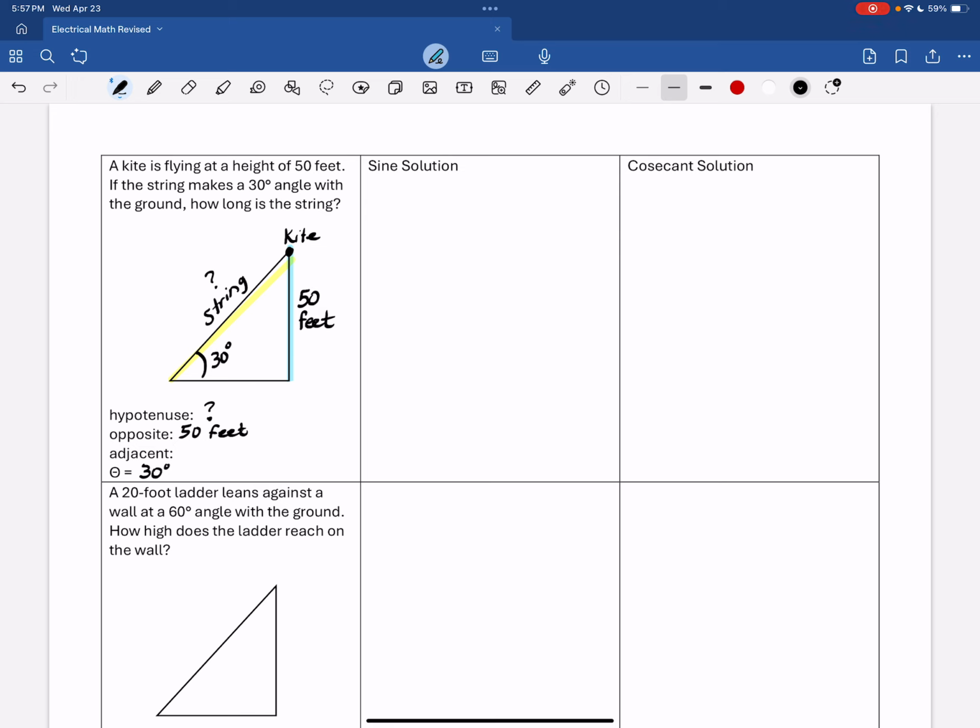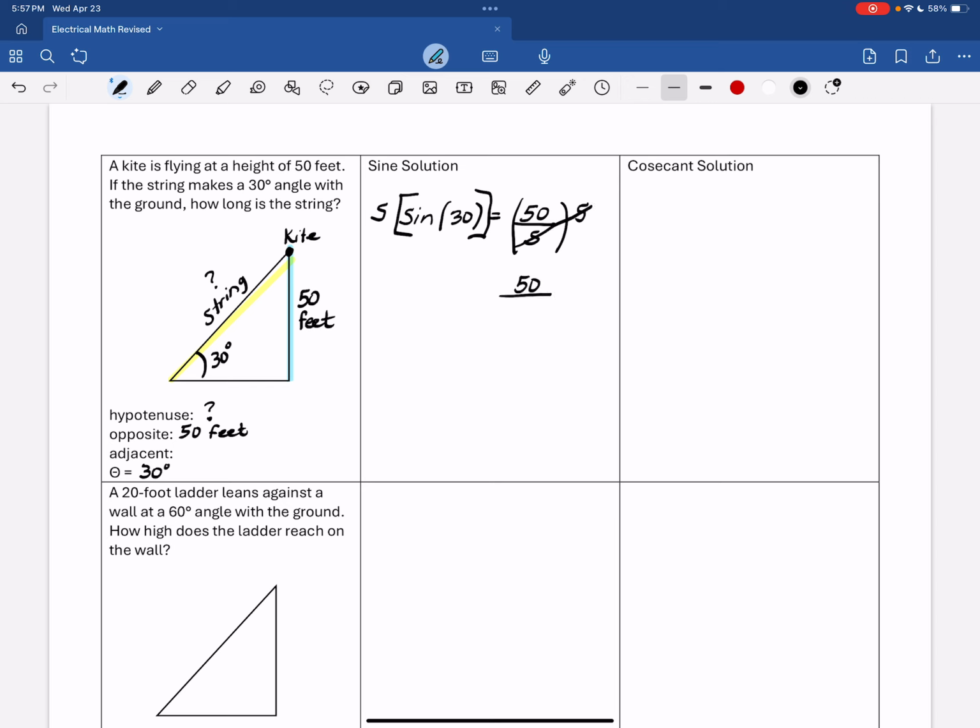So I'm going to do the sine of 30 degrees equals opposite over hypotenuse. So I will multiply both sides by s so that I can eliminate this fraction.